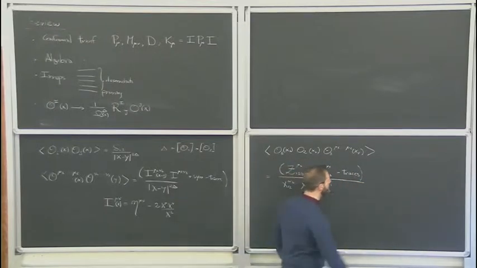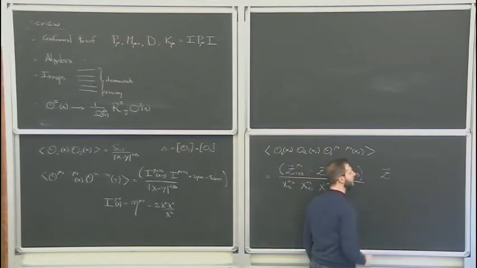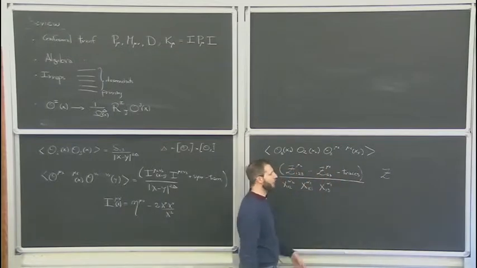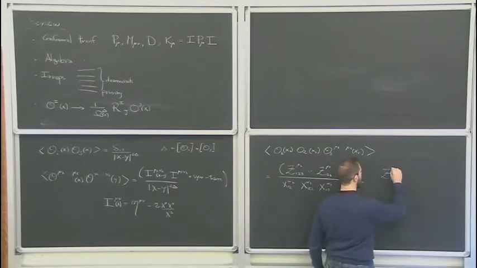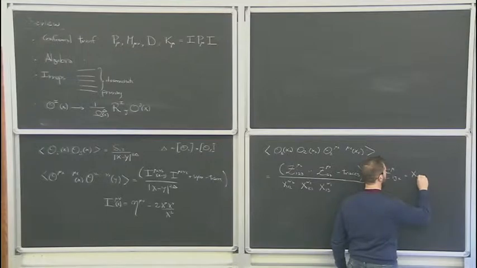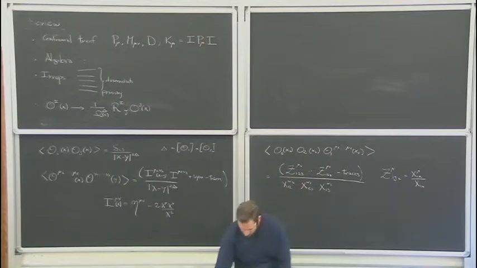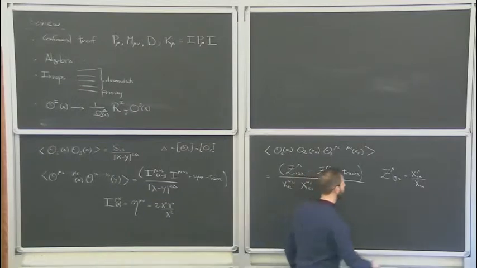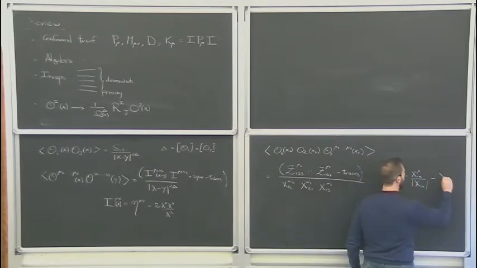And this vector here is the only vector that has the right properties under conformal transformation, and is defined to be x_{ik} divided by the modulus of x_{ik}, minus x_{jk} divided by the modulus of x_{jk}. Yes, I should have the modulus.